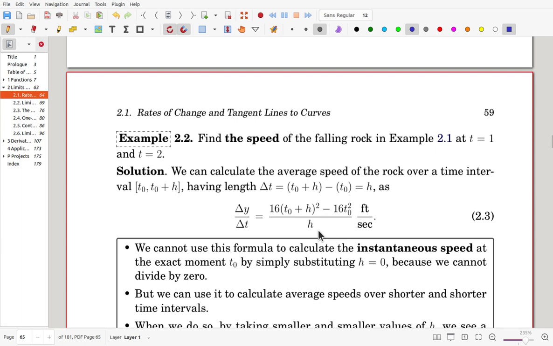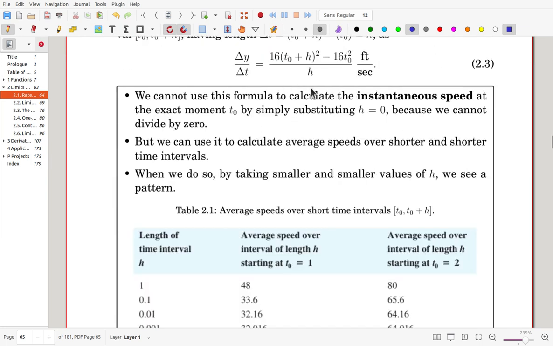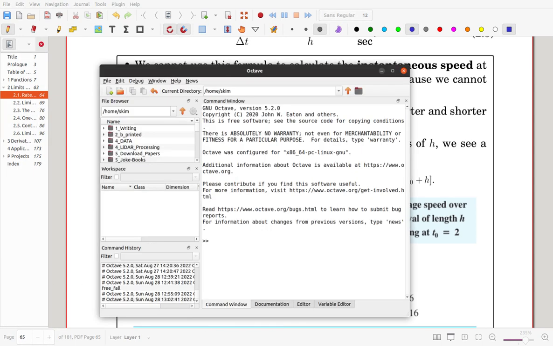If h is small and becomes smaller and smaller, then we may see some tendency, and also some approaching limit. Then we may try to use that as the speed. By using this formula, we choose h smaller so that we can get the value.